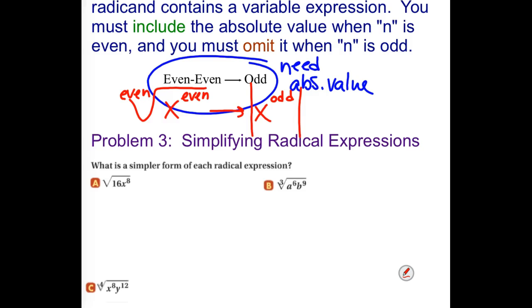So, for example, if I said take the fourth root of x to the 12th, we have an even root and we have an even power. What do we get for an answer? Do you know how to simplify this?